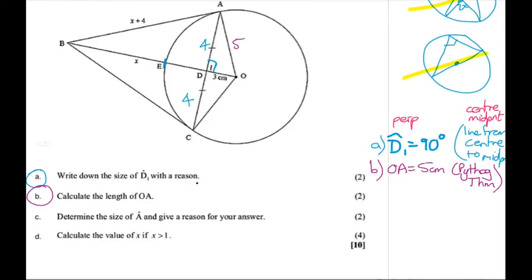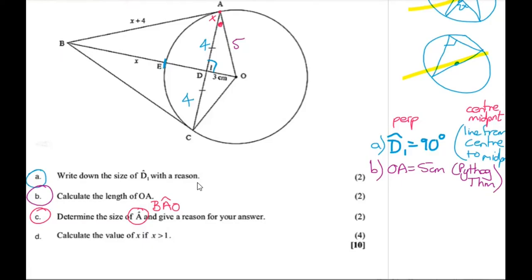Brilliant. Okay, next one. Determine the size of angle A and give a reason for your answer. Okay, now to be totally honest, this is a little bit unfair because if you have a look at angle A, it could be this one with the cross, it could be this one with the dot. They should have been more specific. They, I think, are looking for BAO.